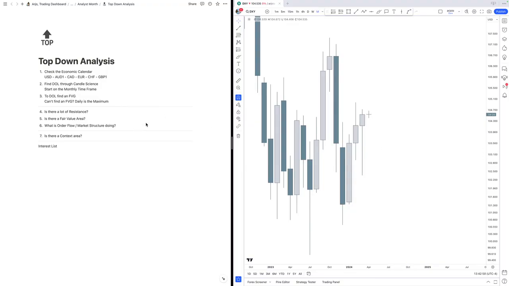Back in the Notion and back on TradingView as well, I have written down: check the economic calendar. I have US dollar, Australian dollar 1, Canadian dollar, euro, CHF, and GBP 1 as well. Why have I written down that 1?